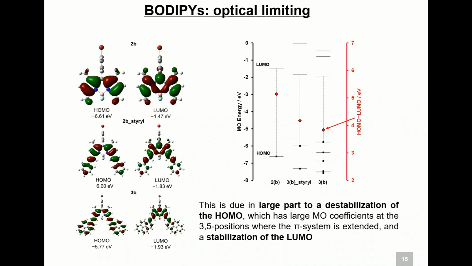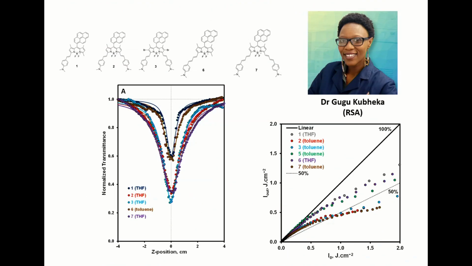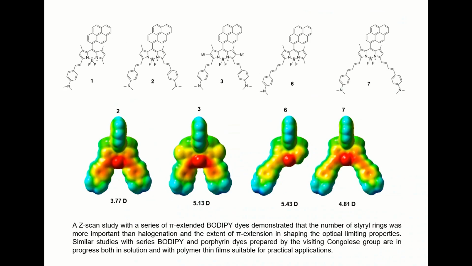And we're also looking at molecular electrostatic potential maps, dipole moments, to see if we can determine if there's any correlation between dipole moment and the parameters that we generate from Z-scan for the nonlinear optical properties.